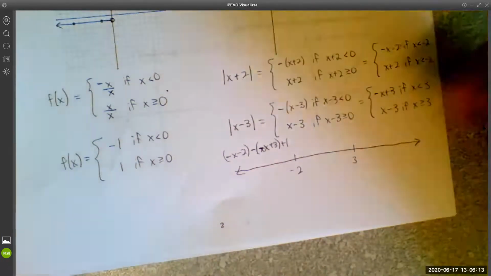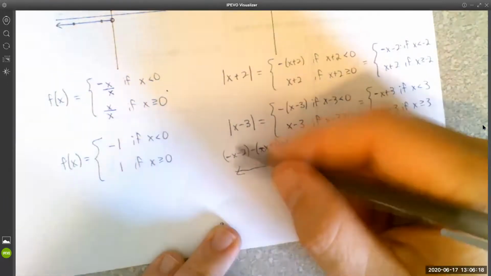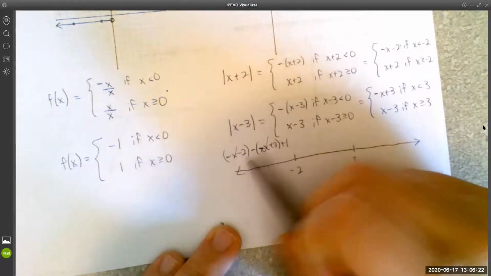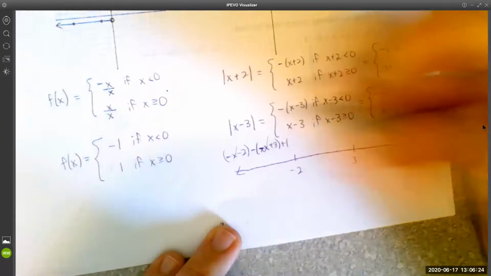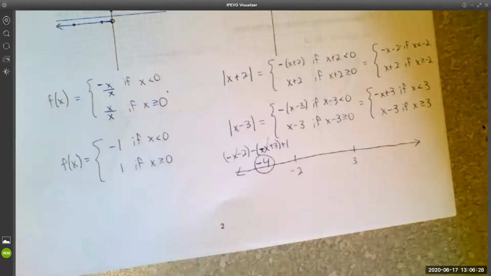That whole thing simplifies quite a bit, right? Negative x minus negative x, those x's are going to cancel. Negative 2 minus 3 is negative 5, and negative 5 plus 1 is negative 4. So really in this region, the function value is negative 4.